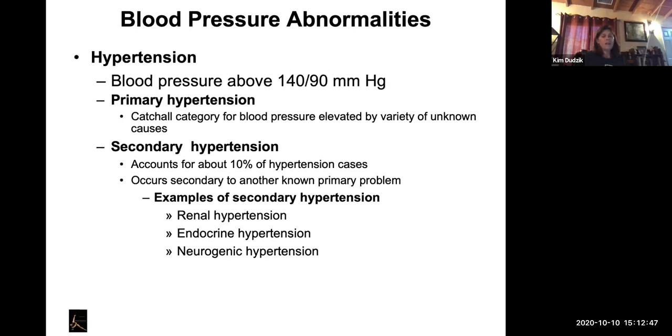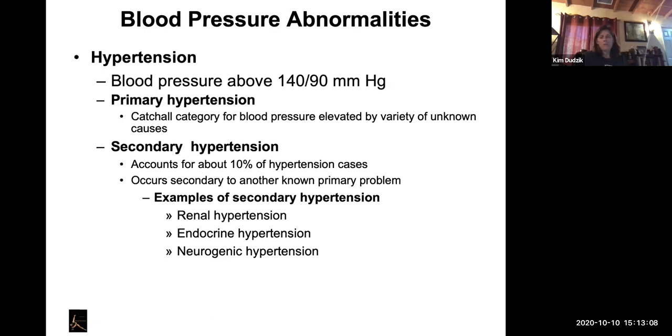Secondary hypertension accounts for about 10% of all the hypertensive cases. It usually is caused by another problem, unlike the unknown primary problem. So things like renal hypertension.